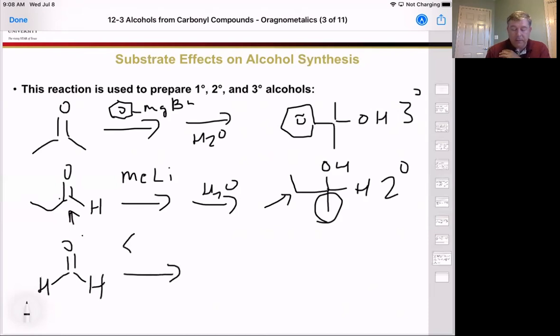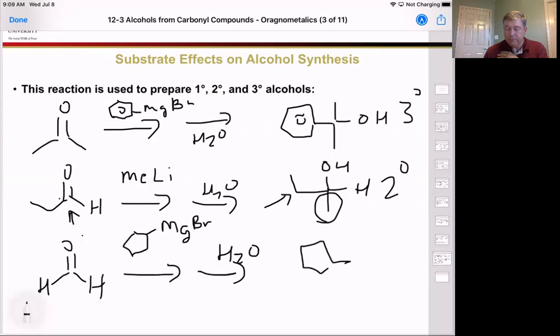If we attack that with, let's do cyclopentyl magnesium bromide here, and then if we quench with water, again, we'll end up with a primary alcohol because we have the two hydrogens already on the carbonyl compound.